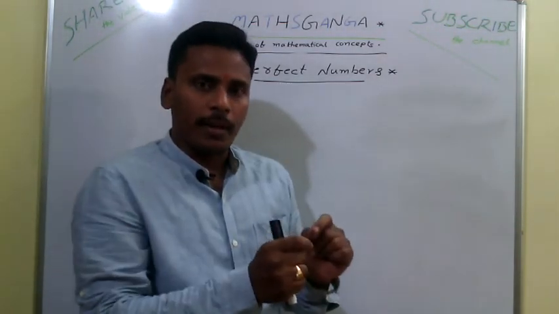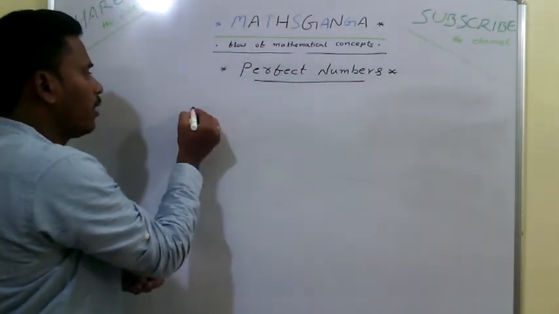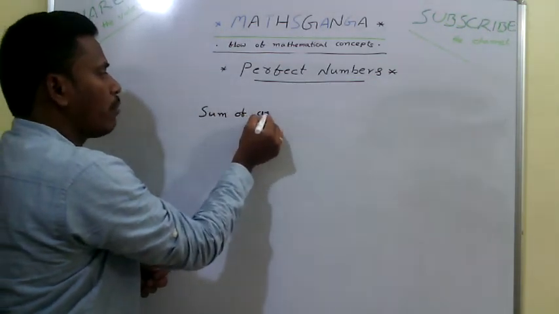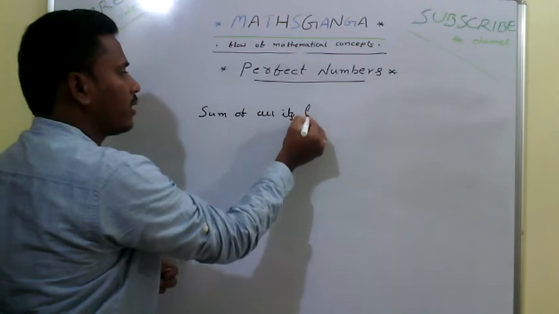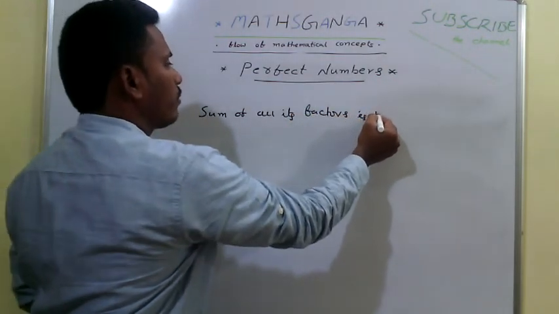See, a perfect number is a number for which the sum of all its factors is twice the number.